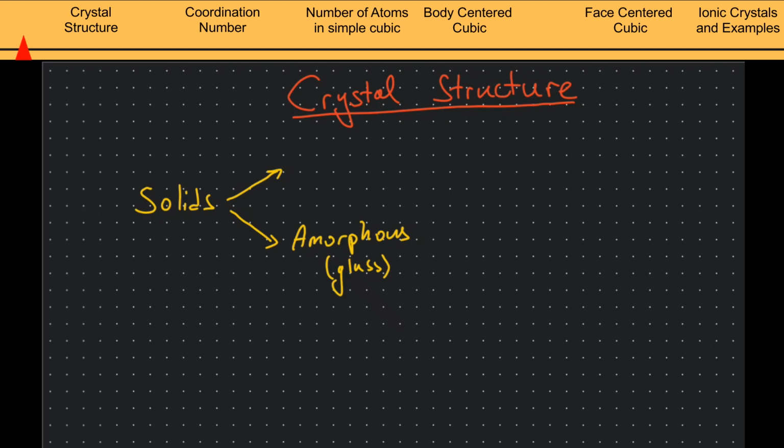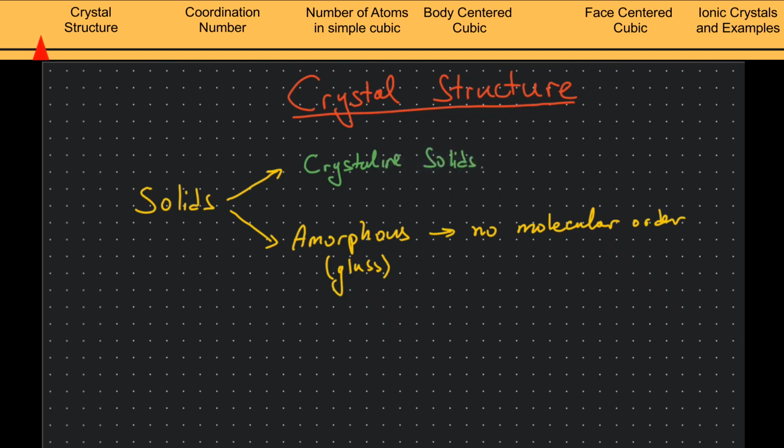In the amorphous phase, for instance glass, there is no ordered arrangement between the atoms. So there is no molecular order for the amorphous phases. And the other type, and the important one for us right now, is crystalline solids.